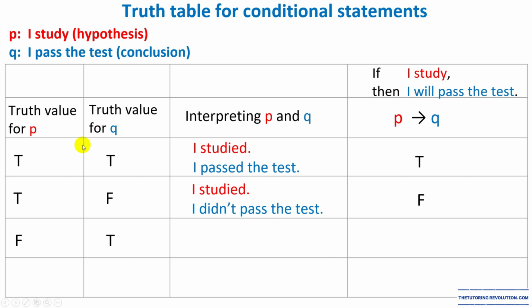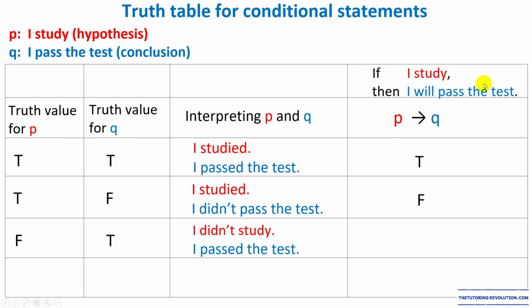Now, what happens if the hypothesis, the P, is false and the Q, the conclusion, is true? Basically, I didn't study and I passed the test. So that doesn't really affect this statement. This conditional statement says that if I study, then I will pass the test.